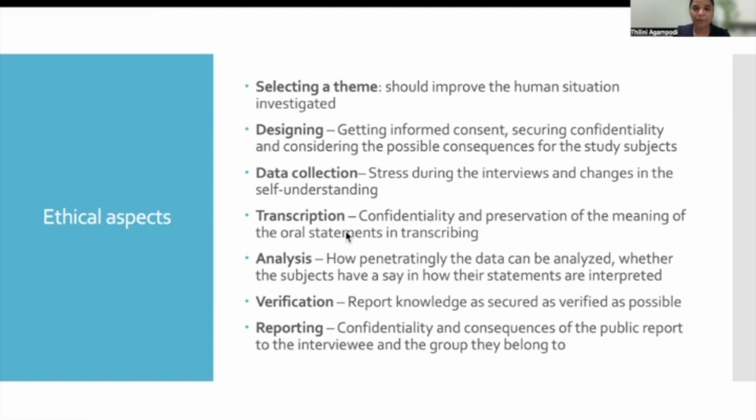But if you go through this slowly, sometime later, you will identify that there are a lot of ethical concerns at every stage of qualitative research. Not only in qualitative, actually, this is common to all. But I just don't want to describe this because the time is limited. But have an idea that ethical aspects are there in all the steps during qualitative research.